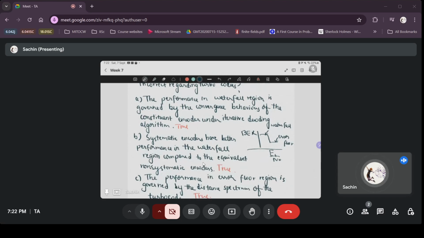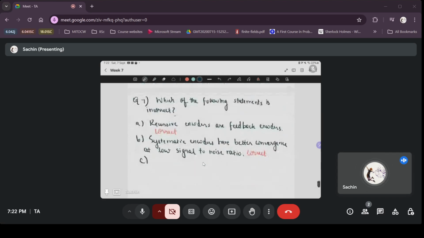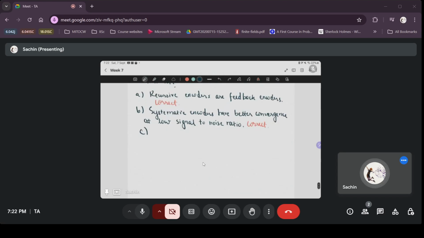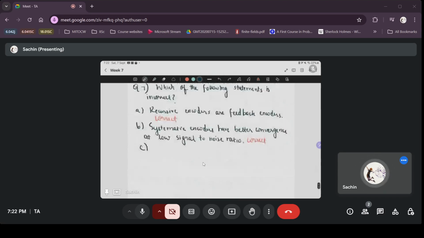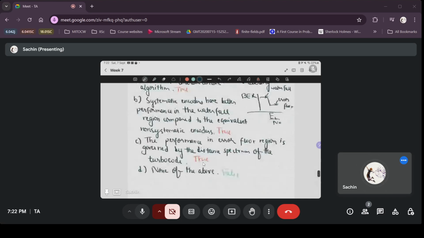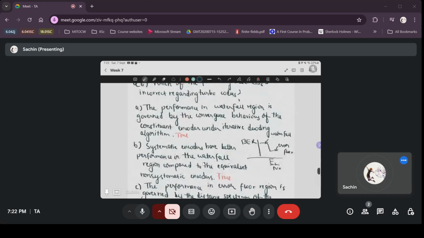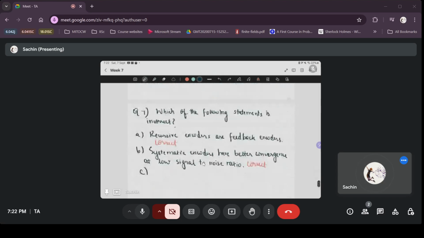It's the same statement again, stated in a different way. Here it says waterfall region, here it says low signal to noise ratio, but the waterfall region is in the low signal to noise ratio region.